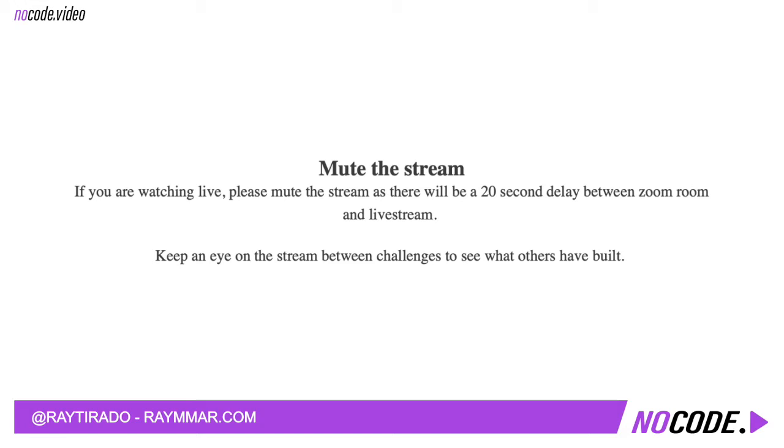There's going to be a 20-second or so delay between what's happening in the Zoom room and the live stream out to the public. Just note that will create some challenges if you're watching the Zoom room and trying to listen to the audio of the live stream. In between the challenges, we'll have 3 challenges of increasingly difficult complexity. The next slide, I'll show you the rules.